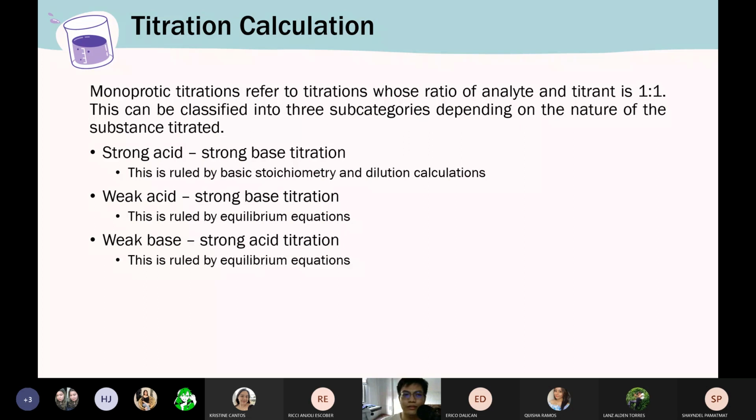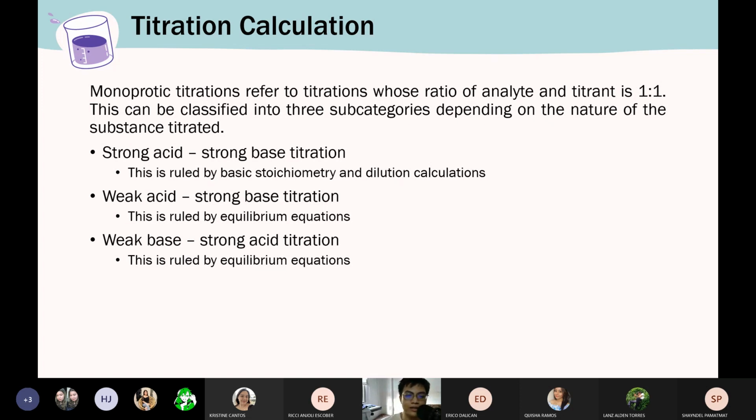When you say monoprotic titration, we refer to acid-base reaction wherein the amount of H+ produced is just 1. Okay? So, ibig sabihin, isa yung H+ na pinoproduce, isa din yung H+ na nire-reactan. Okay? So, that's monoprotic titration. And there are actually 4 versions of it na. Okay, 3 lang yung nalagay ko kasi parehas lang yung dalawa dun.